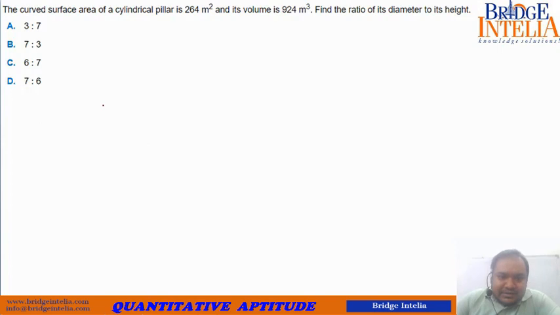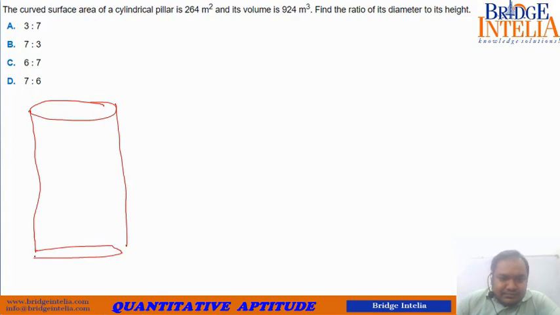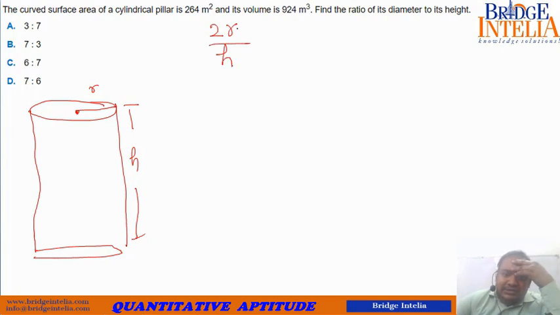So if this is the pillar, let r be the radius, h be the height. What you are asked is to find the ratio of its diameter, which is twice the radius, and height. So you have to somehow find this out.